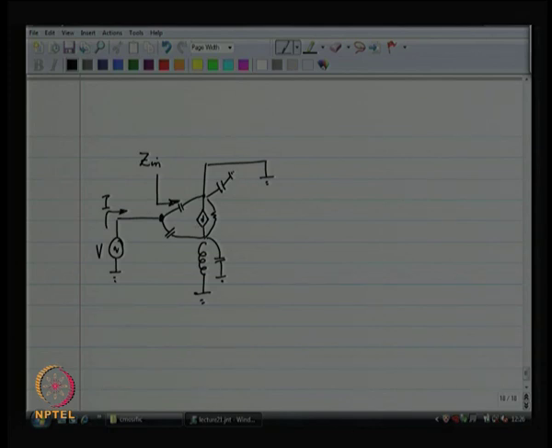All right, these are all the different components. So, I am going to redraw this.